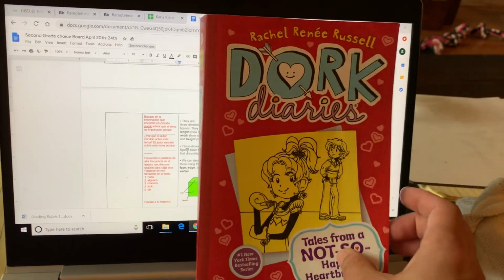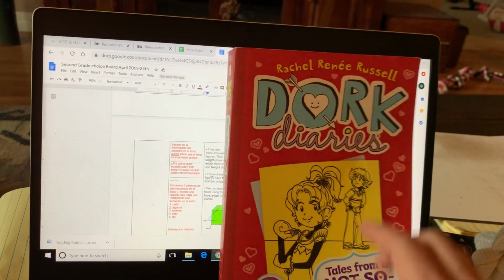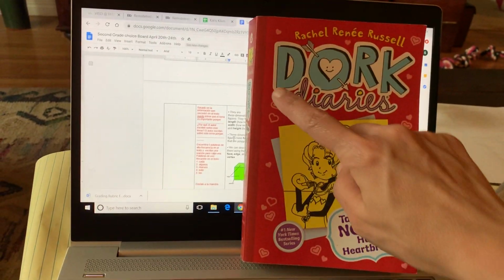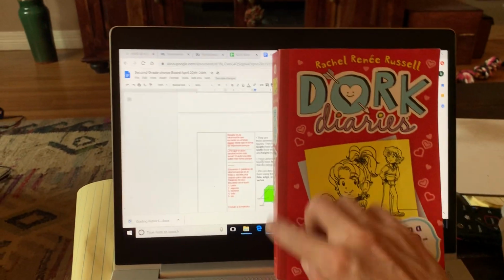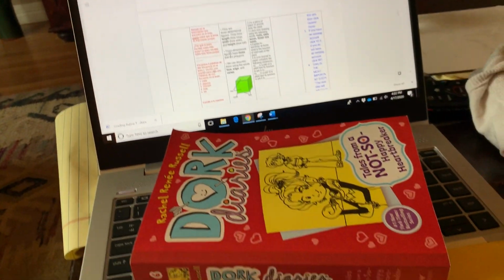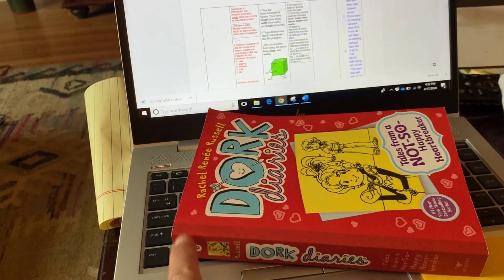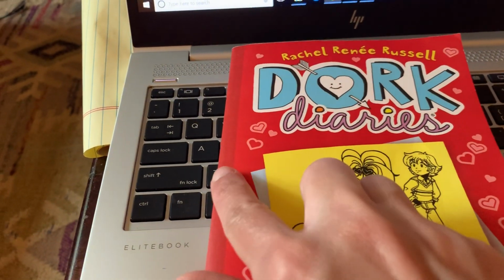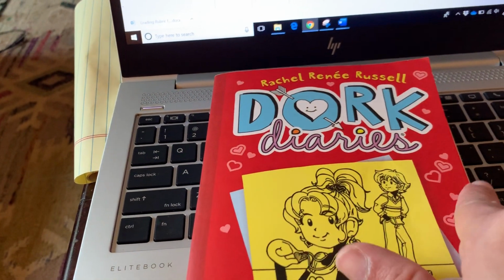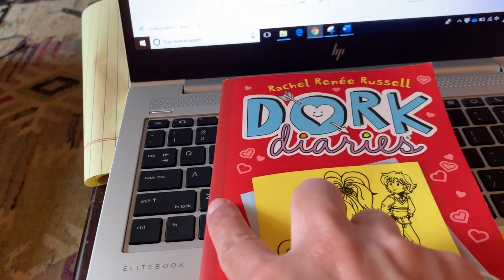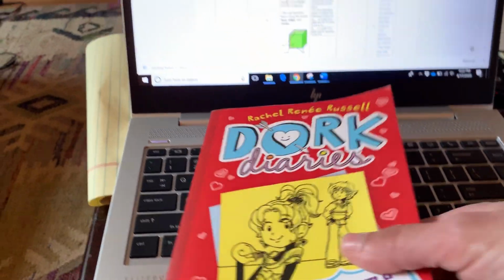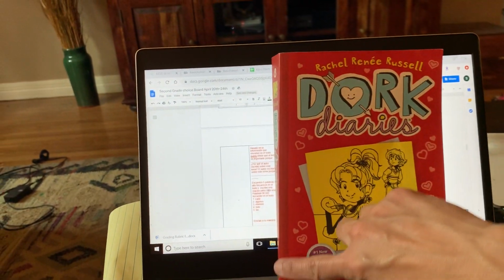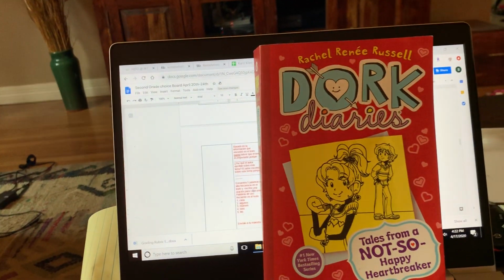This is my daughter's book, The Dork Diaries, and this is a 3D shape, okay? So look, it has a length, how long it is. From this side to this side is how long the book is. How wide it is from side to side, that's how wide, okay? And how tall it is, if I put it up and I want to measure the height of it, okay?